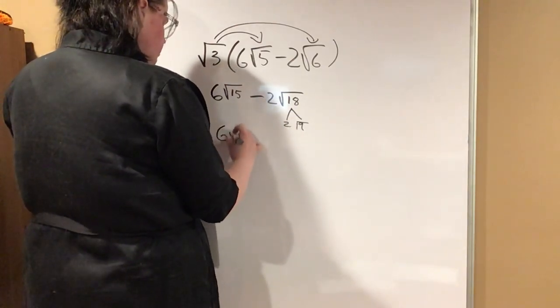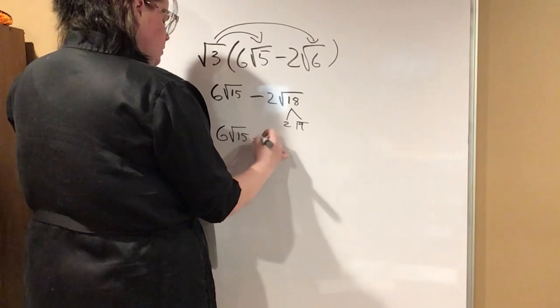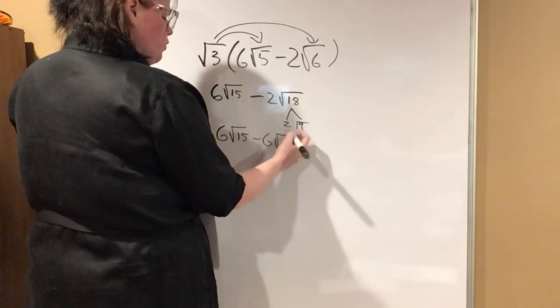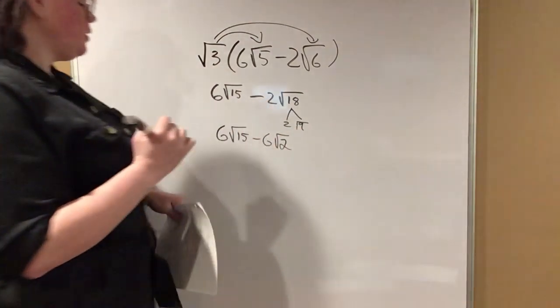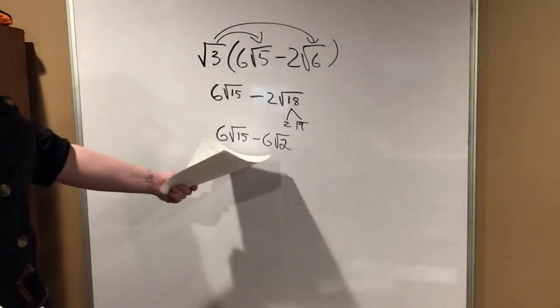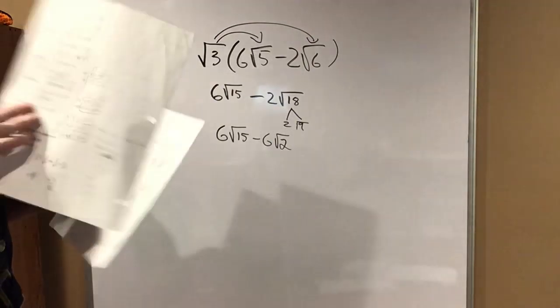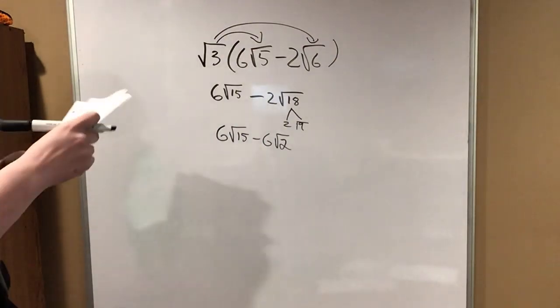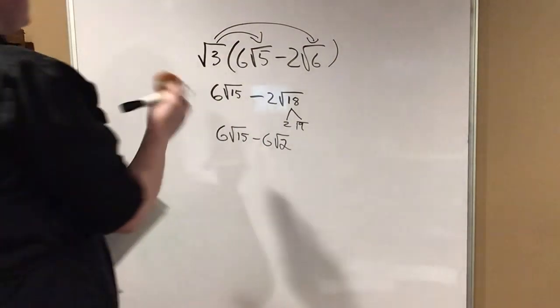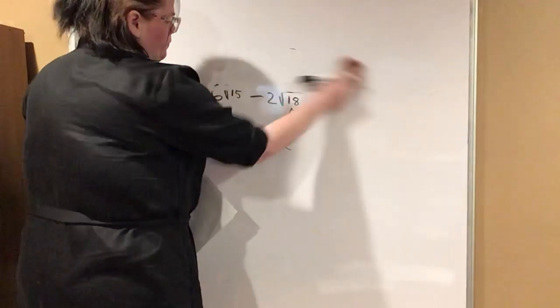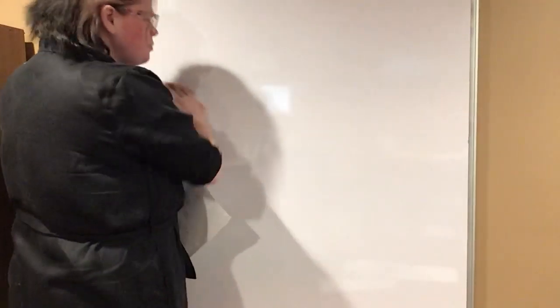So I get 6 square roots of 15 minus 6 square roots of what's left, which is our 2. We can't go any further because nothing here combines. Okay? Going along the same thing here, we're just making it a little more complicated. It's not complicated, we're just adding a little more to it as we move on.